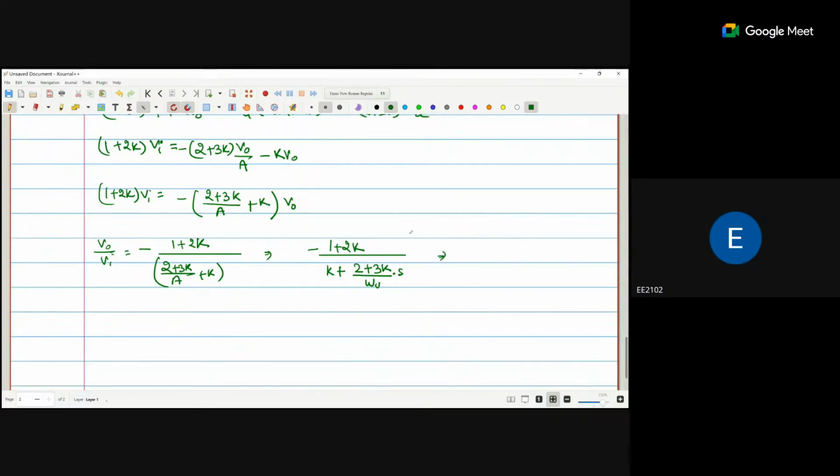Okay. Now my equation will be A naught upon 1 plus S by omega N. So I have to divide with the K. So it is K, it is 1, divide with the K. Okay, so this is my DC gain.